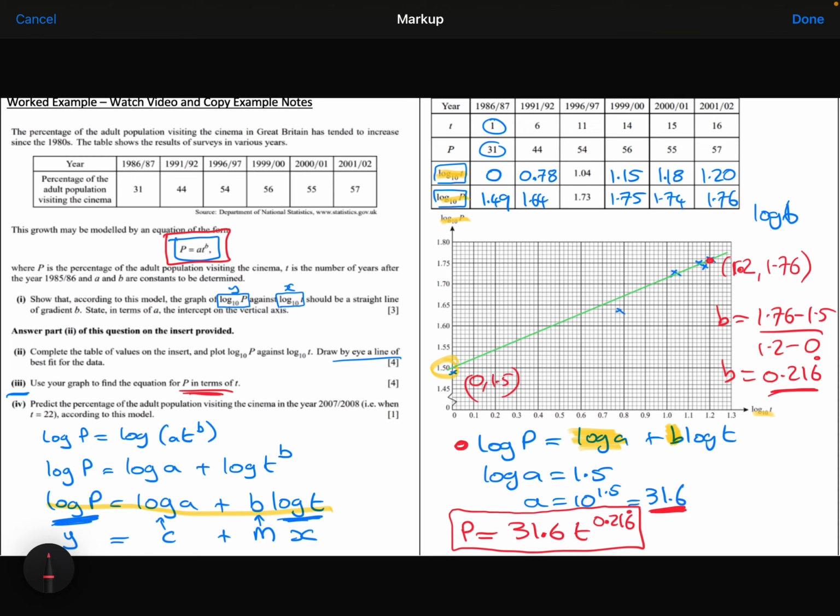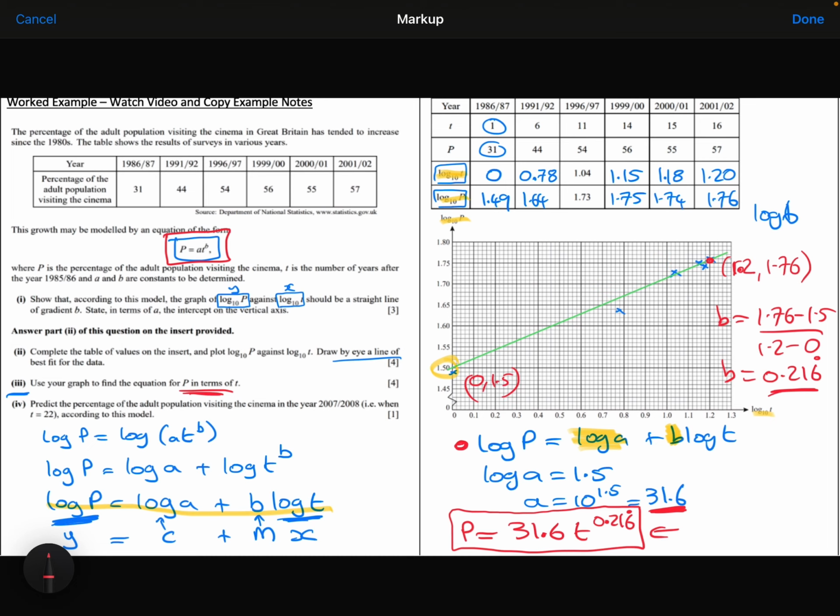And finally, part IV. Predict the percentage of the adult population visiting the cinema in the year 2007-2008, i.e. where T is 22. So we'll use the model, we'll use what we just found, we'll use this equation here with T being 22.